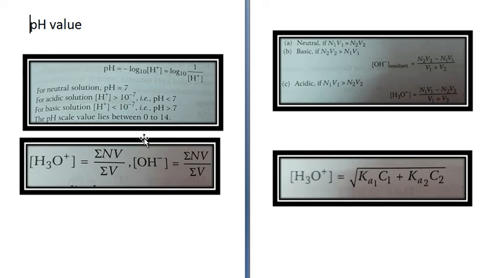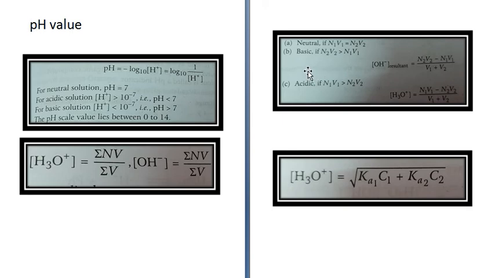Now consider the resultant solution of a mixture of a strong acid having normality N1 and volume V1 and a strong base having normality N2 and volume V2. If it is neutral, then the formula will be N1V1 equal to N2V2.